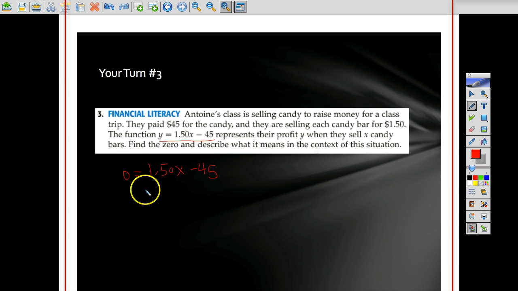And then when you solve for 0 and find out what x is, tell me what it means. What does it mean? Okay. So go ahead and do number 3, and you are done for tonight. So that's all of tonight's homework. So when you're done, make sure you put this in your book bag and get credit for your homework. Thanks for watching.